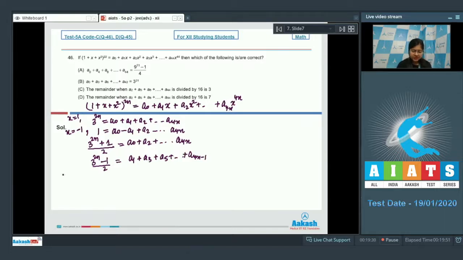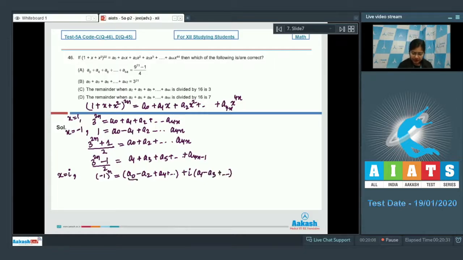Right? Similarly, let's now put x equal to iota. When we put x equal to iota, we get iota raised to the power 2n, that is minus 1 raised to the power n, is equal to, let's accumulate the real part aside, A0 minus A2 plus A4 and so on, plus iota times A1 minus A3, here it will be A3 x cube, so it will be minus A3 and so on.